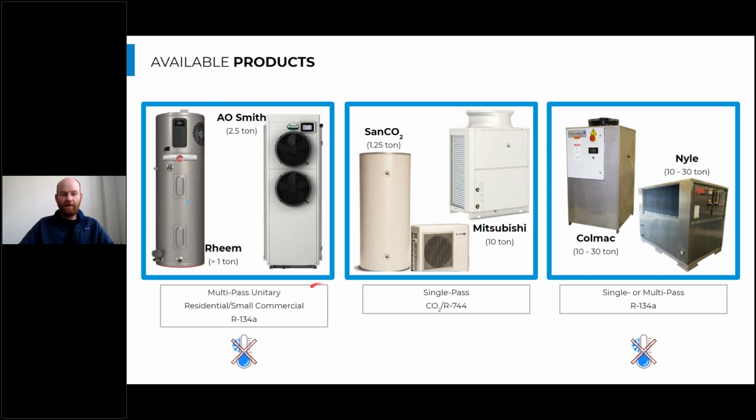So we looked at using these smaller unitary heat pump water heaters, but unless we were going to do one heat pump water heater for a group of 5 apartments or something like that, there would be numerous of these systems throughout that 500-unit apartment building, tons of maintenance points for the maintenance personnel to maintain in the building. And so we weren't really interested in using these smaller residential products just because of the sheer size of this building. And that goes for the Sanden or SANCO2 heat pump water heater too.